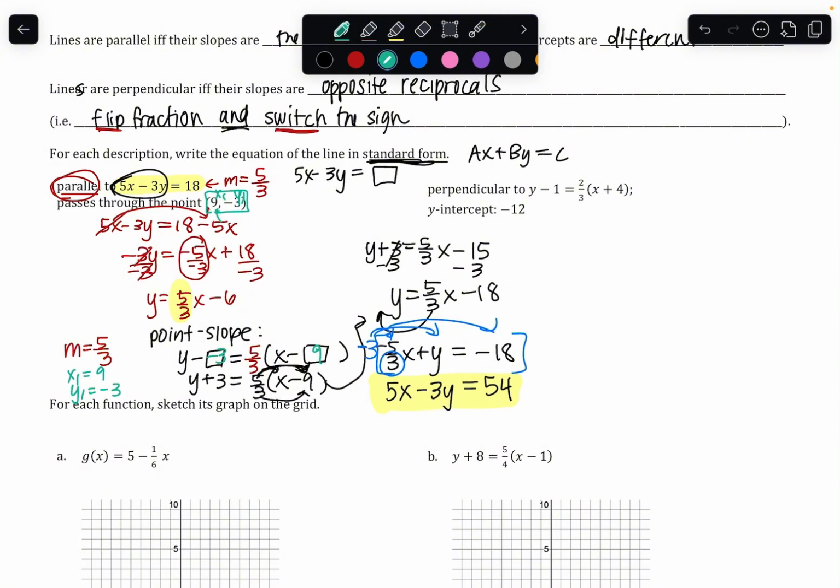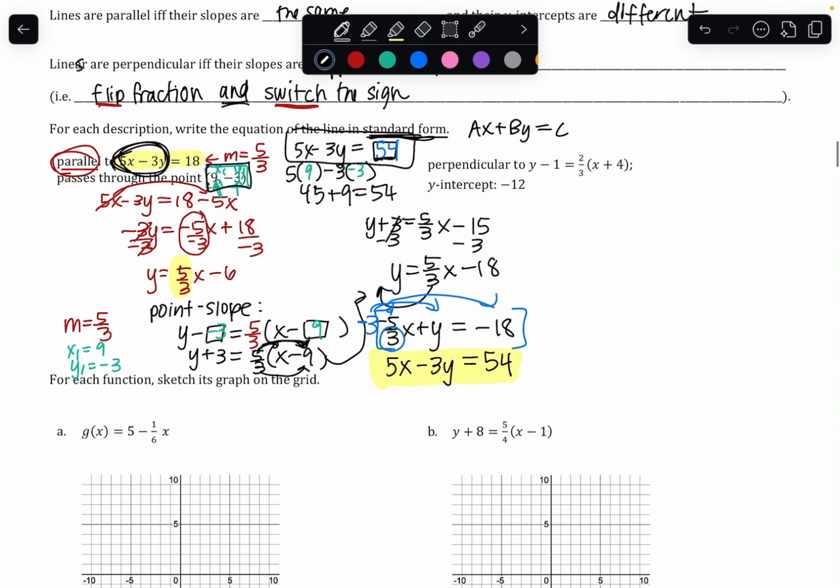So you would plug in this 9 for x and -3 for the y. So 5x minus 3y, plugging in the 9 and -3 would give me 45 plus 9, which is 54. So that's how you're going to get the constant. The shortcut for parallel is copy what you see and then plug in the given point to figure out what the number is. That's if they want standard form.